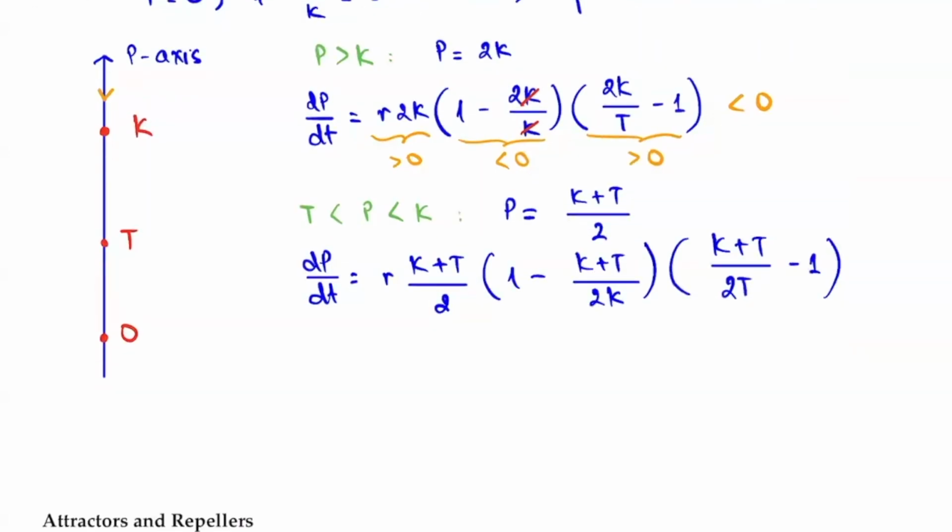If you calculate, I'm just going to avoid this, it's a bad choice, but it has to be a positive number to indicate that the arrow is going to point up within this interval. You're going to carry out the same analysis for the case between 0 and t, and you will see that dp/dt is less than 0.